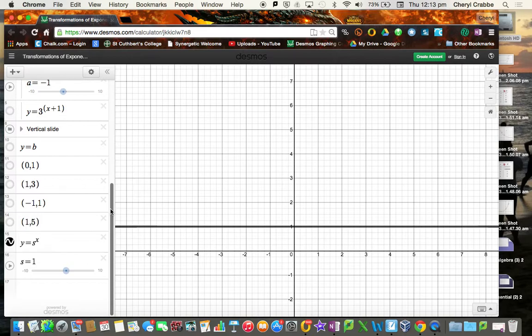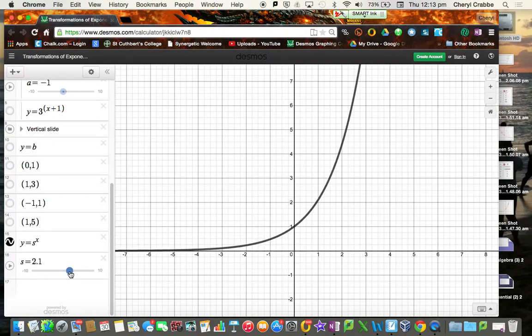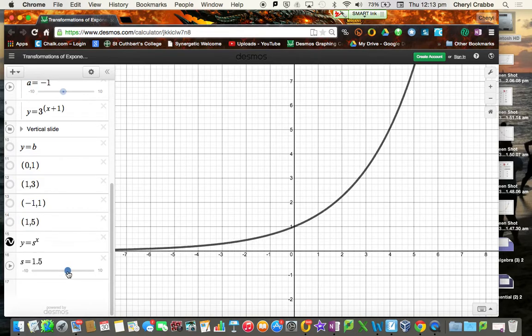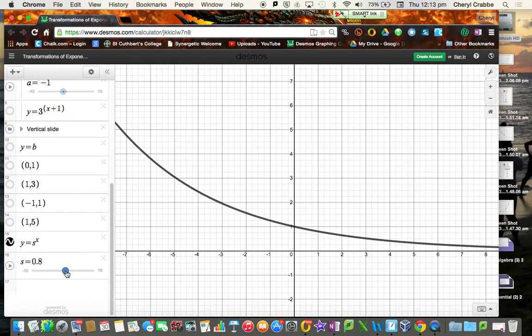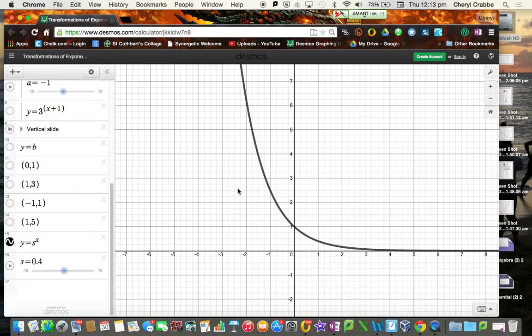Now, as I move this slider, the graph is a growth curve, and then it becomes something quite different, which is called a decay curve. This is called a decay curve because as you go along x, the graph is decreasing. If you're talking about populations of animals or bacteria, it's decreasing. Notice the value of the letter s is 0.4, so it's decay.